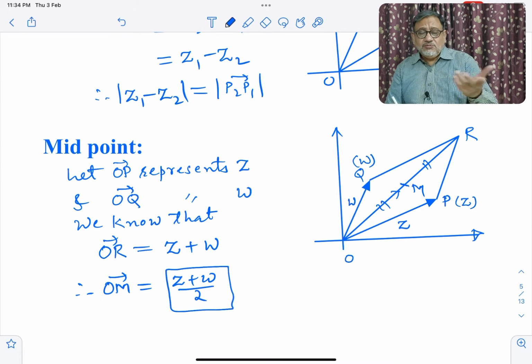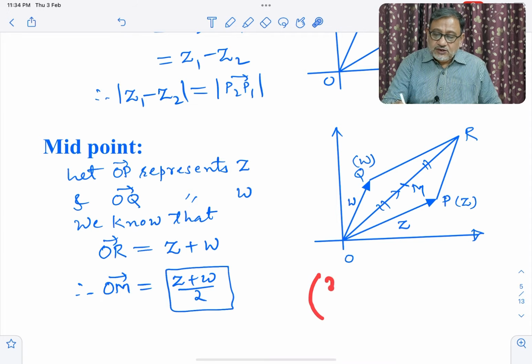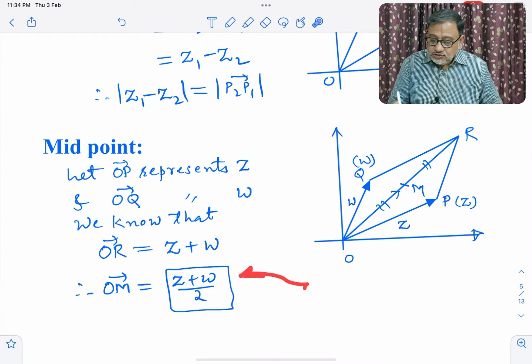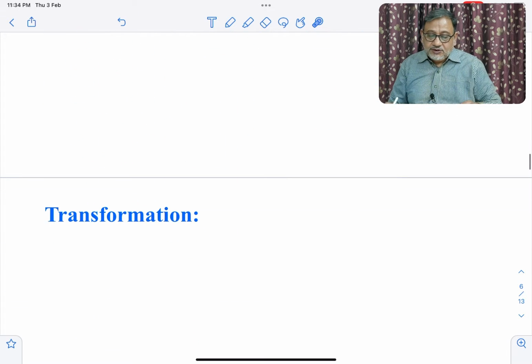It is similar to the coordinate system. In coordinates also, the midpoint is given by x1 plus x2 divided by 2, y1 plus y2 divided by 2. So here also we use similar properties.